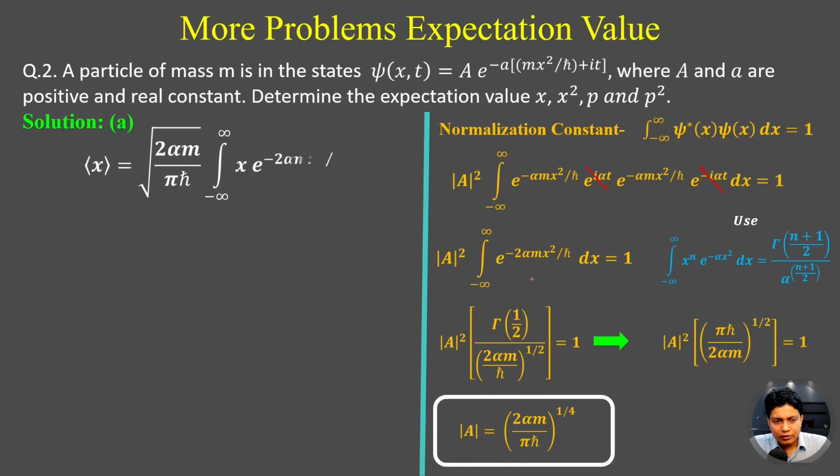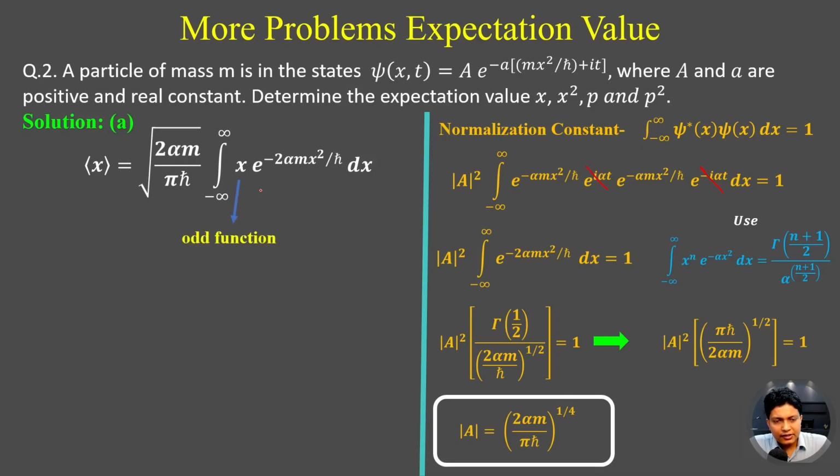Now let's try to calculate the expectation value of x. The expectation value of x can be written as integration over minus infinity to plus infinity psi star x psi x dx. So this integral will be under root 2 alpha m upon pi h cut, integration minus infinity to plus infinity, x, and this will be psi star x psi x, so e power minus 2 alpha m x square by h cut dx.